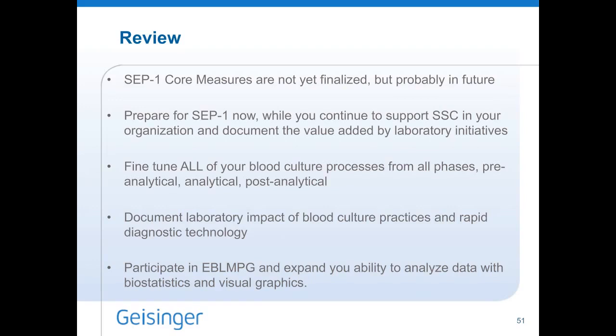All these things are online, and they're pretty easy to do, and chances are your organization has some kind of biostatistical package. We use JMP, and I'm not a statistician, but it serves me very well.